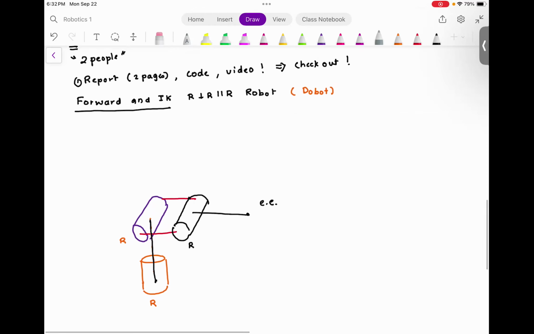Remember the rules. What are the rules? First, the Z-axis should pass through the joint.